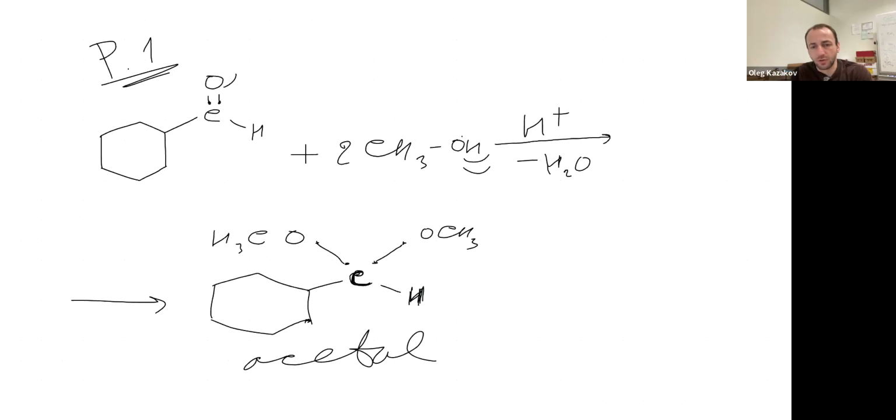It could be a cyclic alkane, maybe some kind of long chain like n-butyl, maybe n-pentyl, maybe isopropyl, whatever, but something with a carbon.